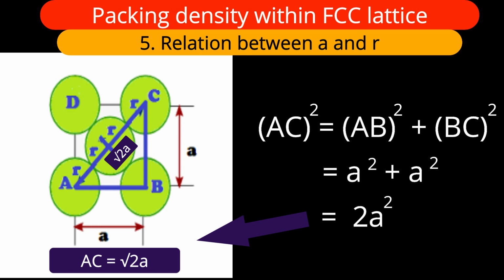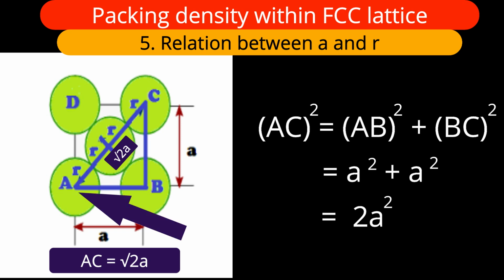So its square root will be root 2 a. Pay attention here. 2 and a square are in multiplication. While taking the square root, we take the square root of each term. So square root of 2 and square root of a square. Square root of a square is a. Therefore, AC is equal to root 2 a. This is in terms of a. Now I want to express it in terms of r. Therefore, I was considering the atoms which are touching each other. Now in this diagram, it is clearly represented.